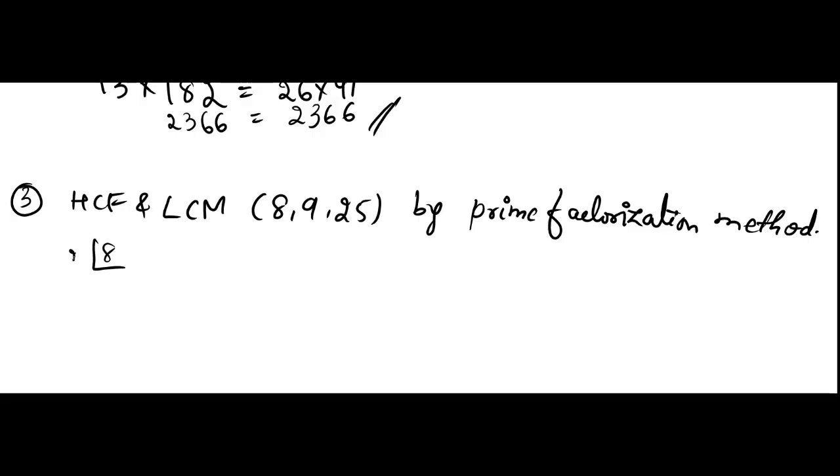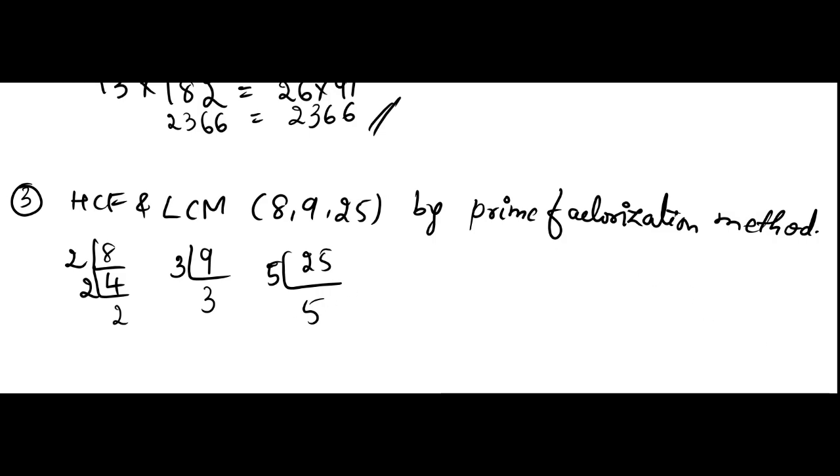Let us factorize. 2 fours are 8, 2 twos are 4. Here 2 is a prime. So 8, then let us take 9. 3 threes are 9. 3 is prime. Next 25. 5 fives are 25. 5 is a prime.